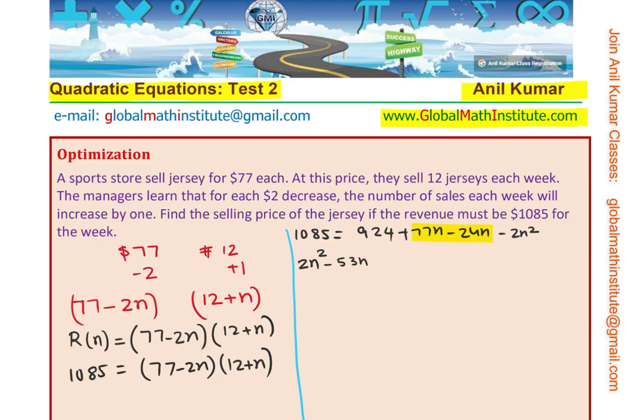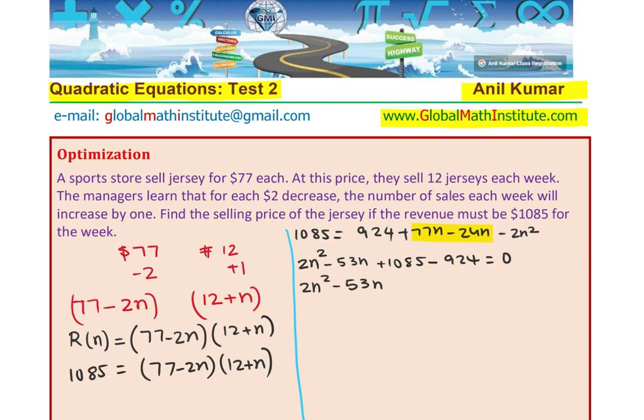And then here we have plus 1085 minus 924 equals 0, correct? So we have 2n square minus 53n, 1085 minus 924 gives me 161.